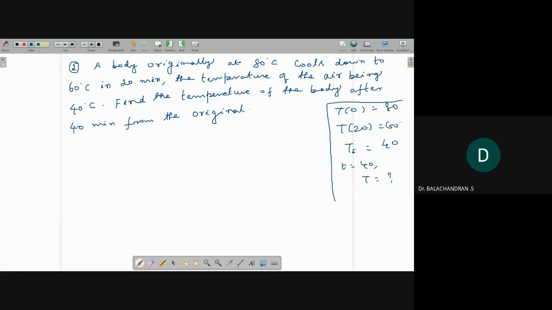In the previous problem, the temperature was given and we found the time. Here the time is given, and we need to find the temperature. So I'll start directly with Newton's law of cooling.